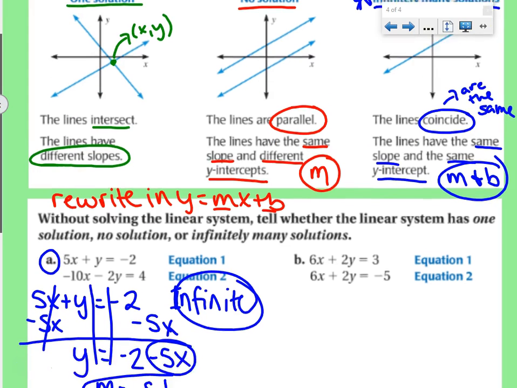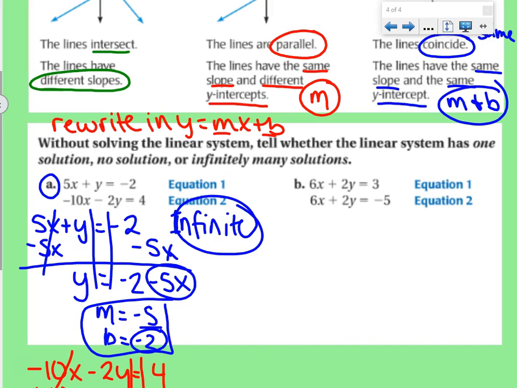Second example, we want to do the same thing. We want to solve for y and figure out if they have the same slope and the same y-intercept. So we'll take the first equation, 6x plus 2y equals 3. Subtract 6x from both sides.